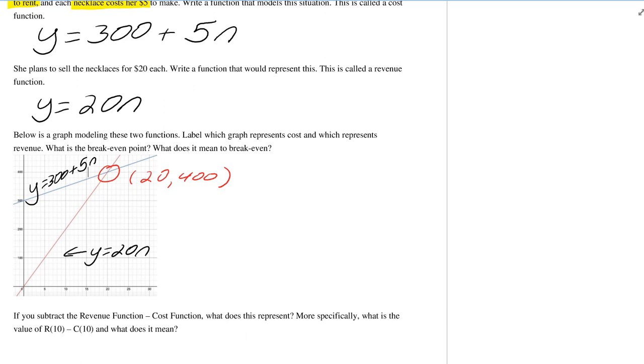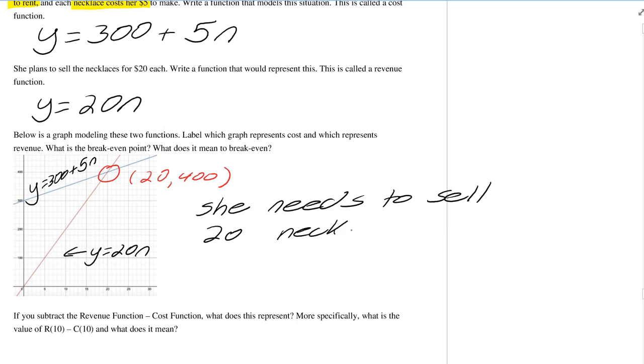So if I look at this, this means she needs to sell 20 necklaces to break even. And at 20 necklaces, she will have made $400.